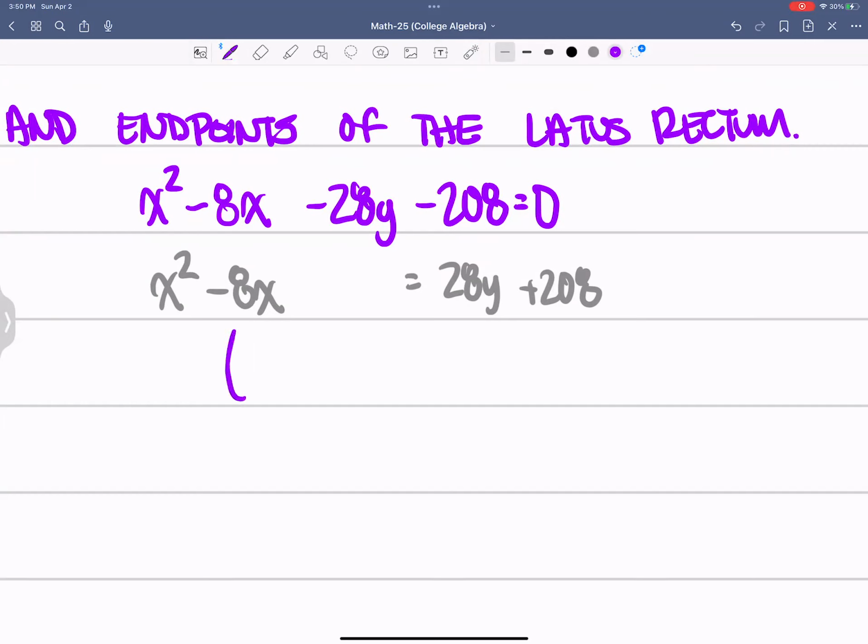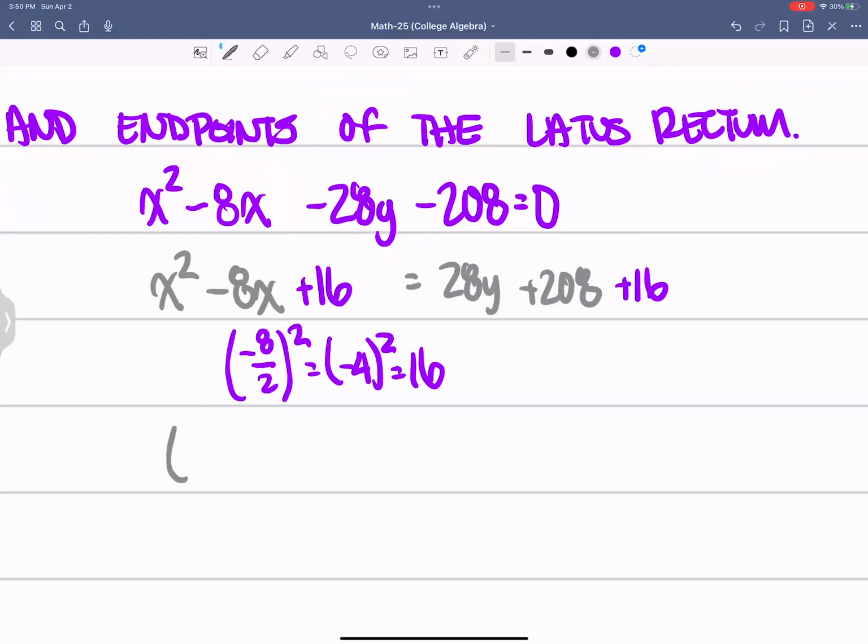So half of b squared, half of 8 squared, negative 4 squared, which is 16. So adding 16 to both sides. And what we did on the left side is we made it a perfect square. So we have x minus 4 squared on the left side.